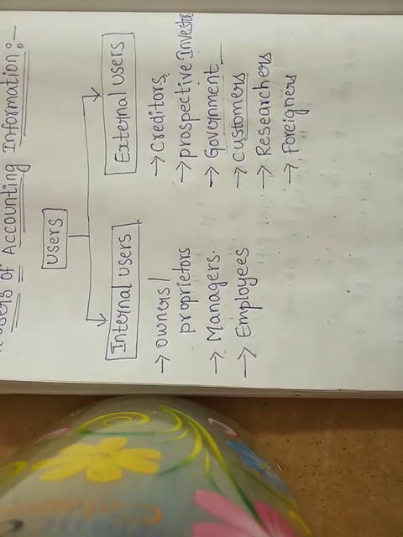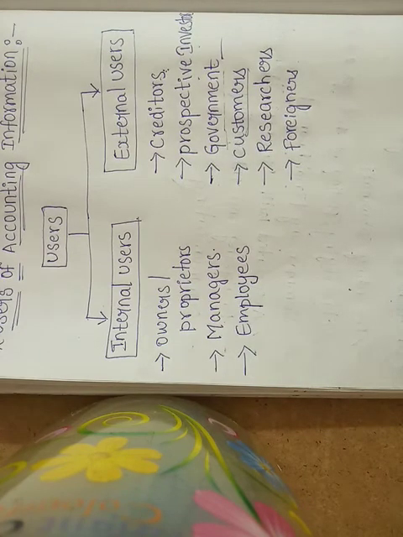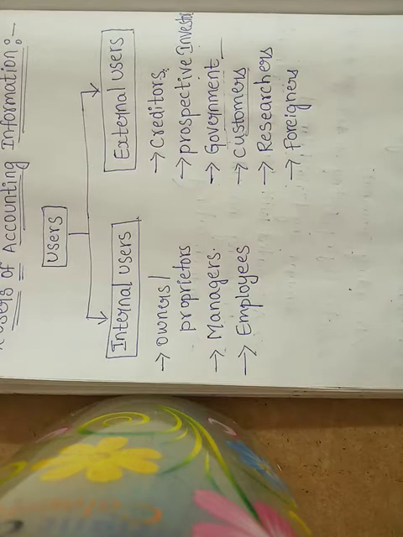The next is customers. Who are the customers? Those who are willing to purchase goods in the market. Customers who have developed loyalty to a business are interested in the continuance of the business.